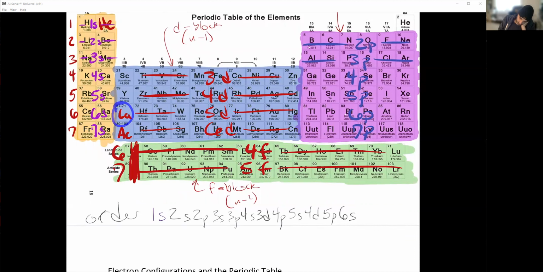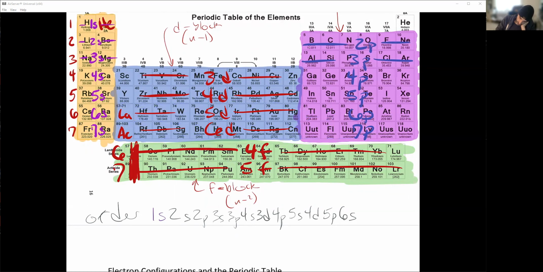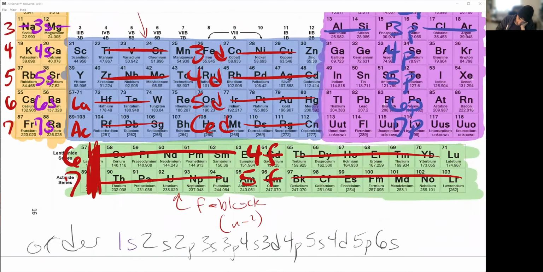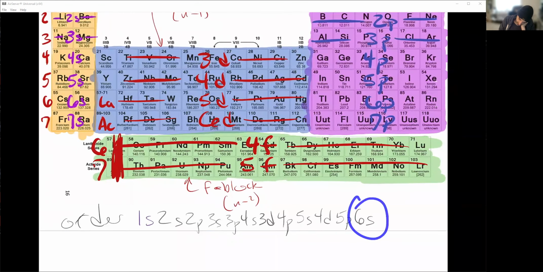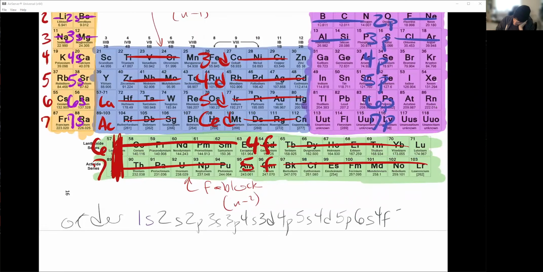Weirdly, one electron goes into the 5D, 5D1, then we fill this, and then we come back and fill the rest of this, and then we continue on. So after we fill the 6s, we're going to fill the 4f, then the 5d. So 4f comes next, then 5d, and after the 5d comes 6p, and on and on and on. We can do the rest of it, but we're going to do a bunch of these examples. Okay.